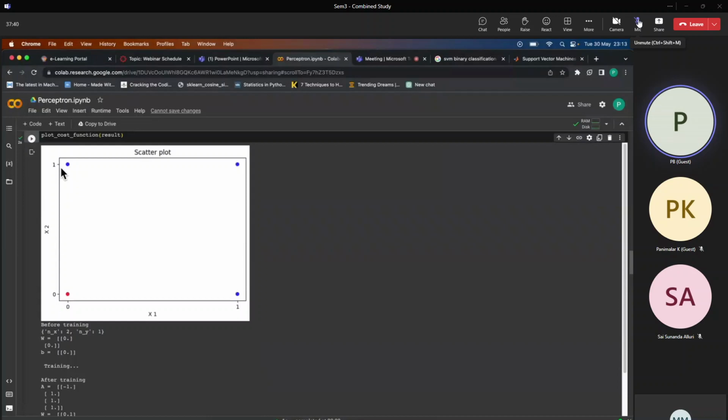In the meantime, when it is iterating through this point, it already knows that, okay, I have predicted it as something which it is not, and I have to improve it. So while updating the prediction on this point, it knows it has a better value of the weights and the bias.